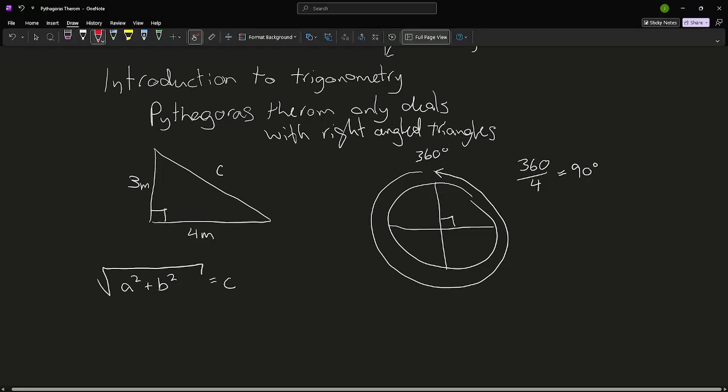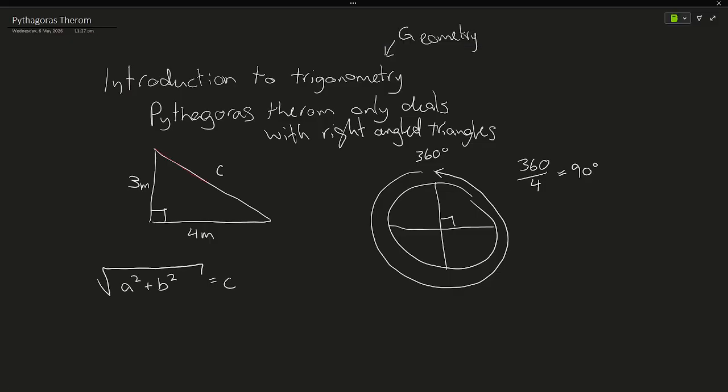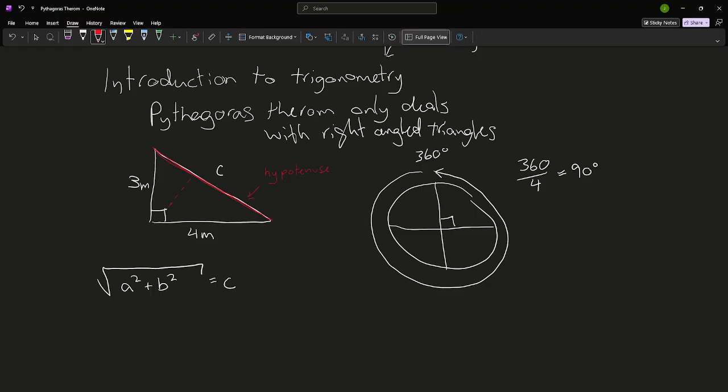So we have to identify what our sides mean. So I'm going to draw a line for the C line. In trigonometry, this is called the hypotenuse. Good way to identify the hypotenuse is if the corner of the box is pointing at the line. So what the Pythagoras Theorem says is that this line, I'm going to draw it in a separate color, so let's do blue.